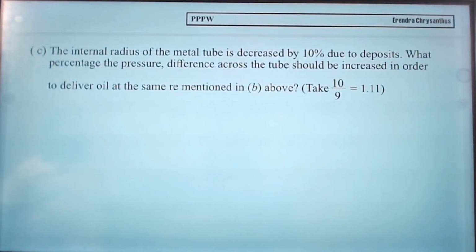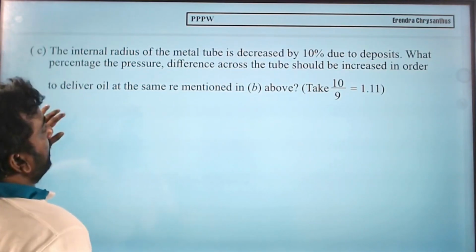Internal radius of a metal tube is decreased by 10% due to deposits. What percentage the pressure difference across should be increased in order to deliver the same rate as above?